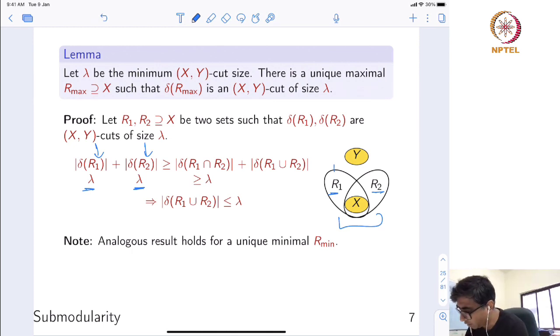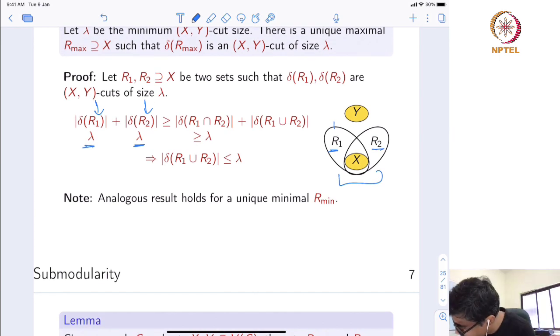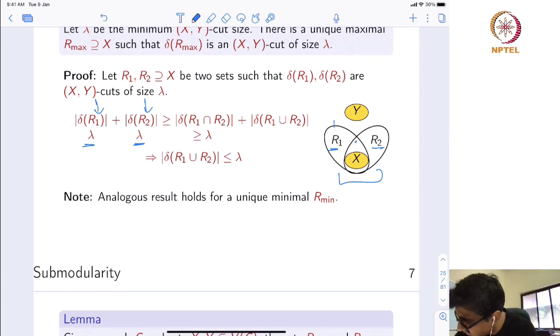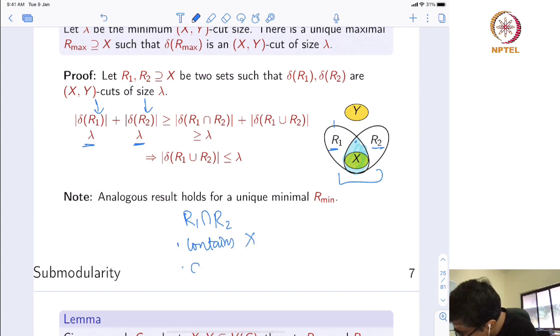Look at this R1 intersection R2. What is the property of R1 intersection R2? Let's write it down: R1 intersection R2 contains x, does not contain y.